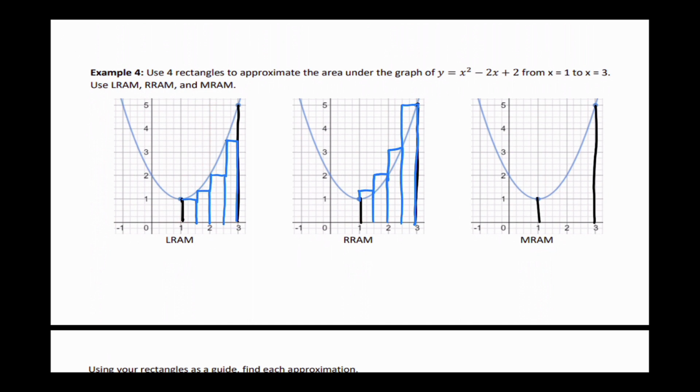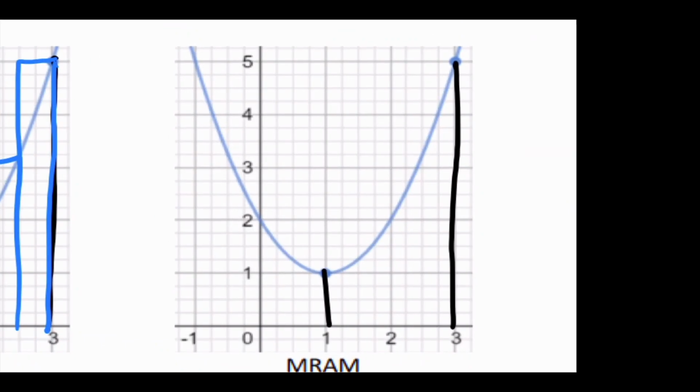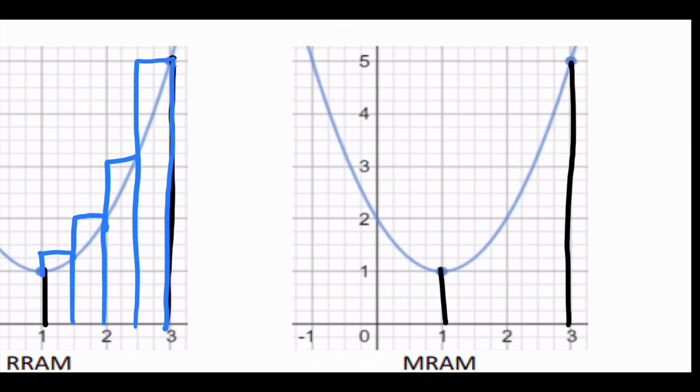The next one is MRAM. The middle is going to touch the midpoint. So the first rectangle is going to be from 1 to 1.5. That's the width. Halfway is 1.25. So where does 1.25 hit, right?